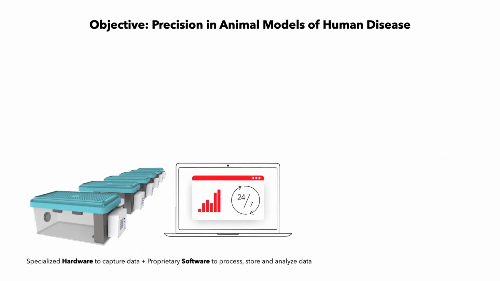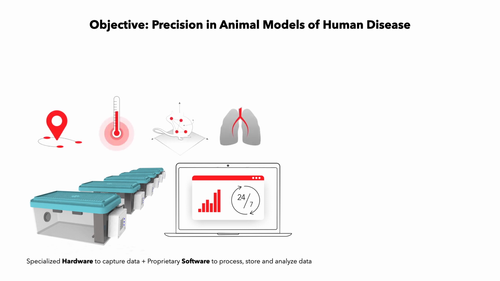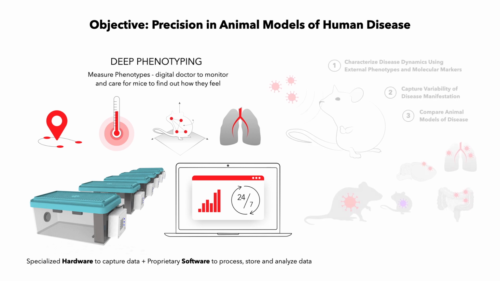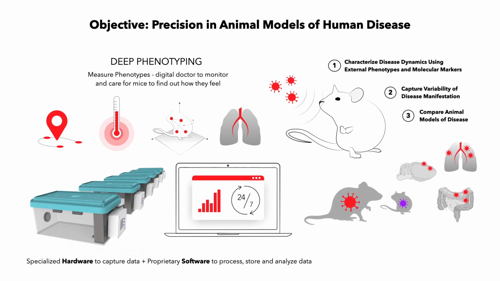To address the challenge of detailed disease monitoring and quantification of drug responses in preclinical animal testing, we developed a platform for deep phenotyping and deep learning. It is an alternative to an all-present doctor that sees each animal individually 24/7.